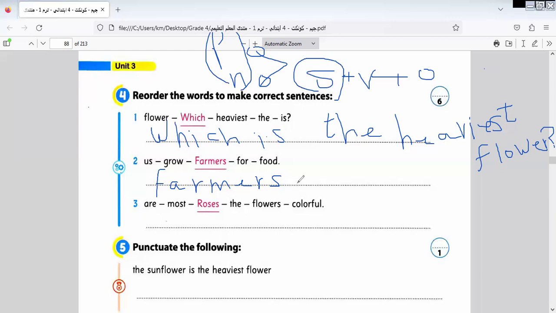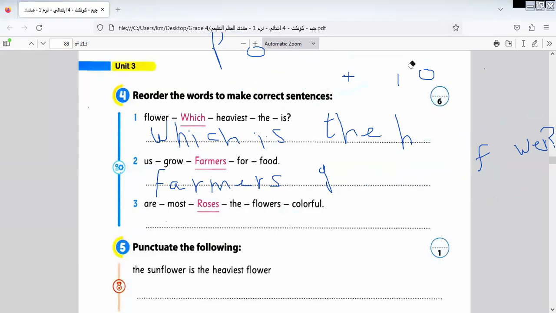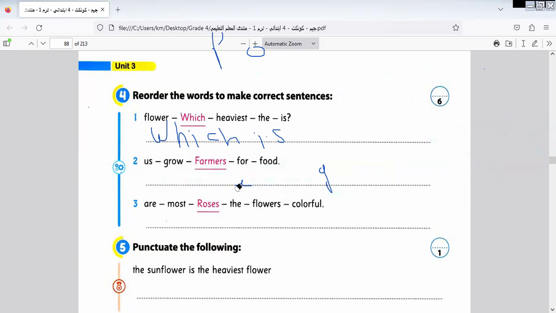So here, farmers grow food for us. I will leave the last one for you to do by yourself. I showed you how to do the previous two sentences, and I will leave one for you as practice.